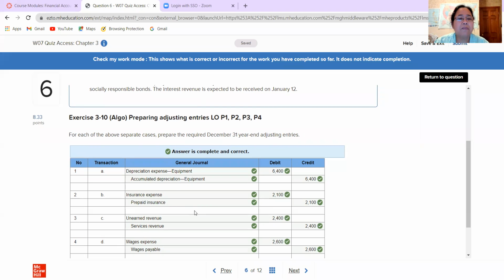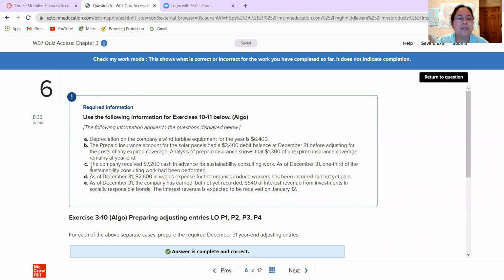And then number 3, letter C, transaction C, the company received 7,200 cash in advance for sustainability consulting work as of December 31st. 1/3 of the sustainability consulting work had been performed.